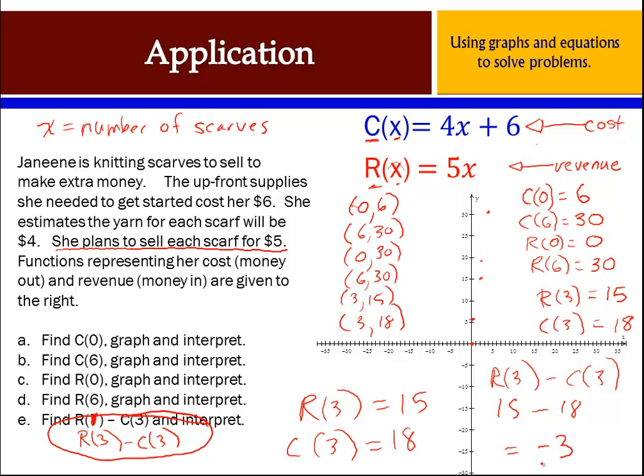What does that mean? If Janine makes and sells 3 scarves, she loses $3 because she has only brought in $15, but she's paid out a total of $18. So she is in the hole $3.